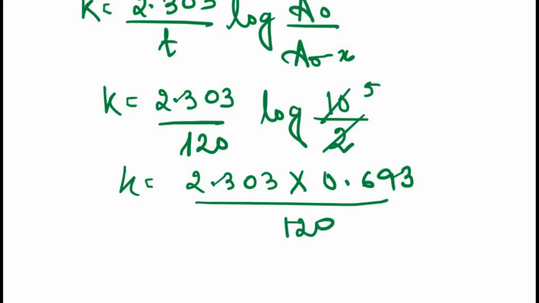So your unit should be in second inverse. Why? Because the second is in denominator. So you have to check that also in the options very clearly. So 2.303 into 0.693 divided by 120 would come out to be 0.013 second inverse. This should be your answer.